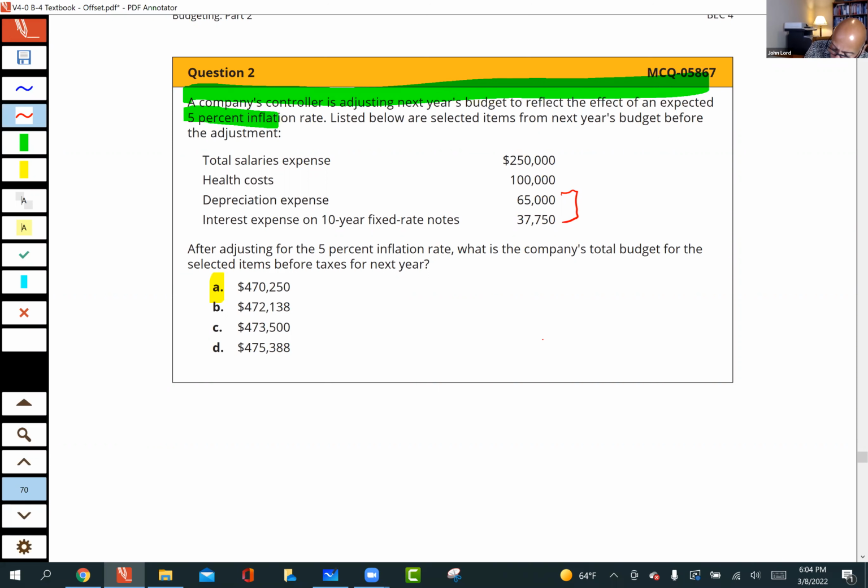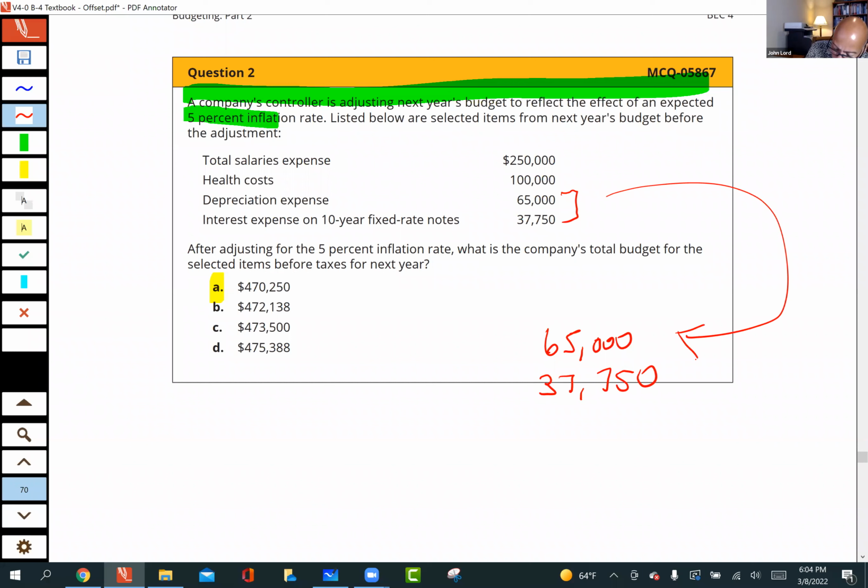So if that's the case, we take the 65,000 plus this 37,750. We have to pick those two numbers up, and we don't need to make any adjustment for inflation on those.